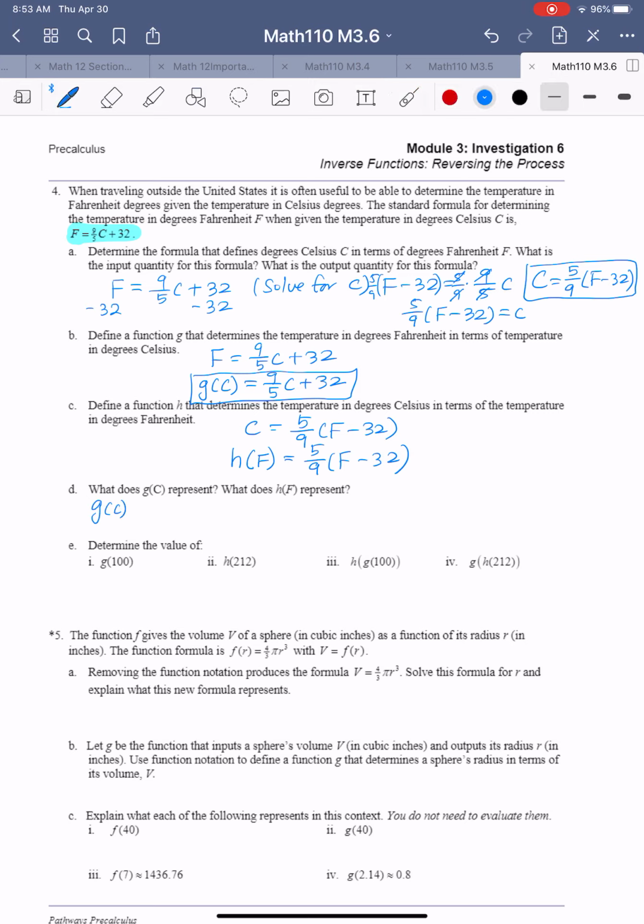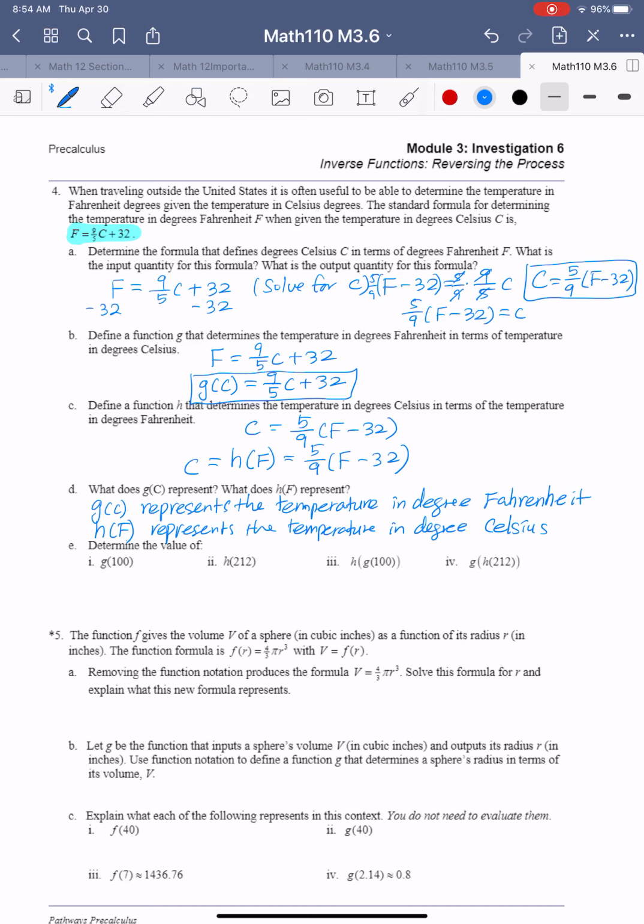G of C represents, hold on a second, let me put it this way, the temperature in degrees Fahrenheit when the temperature in degrees Celsius is C. And then H of F represents also the temperature, but this time in degrees Celsius, because this is the same as a C and this is the same as an F.